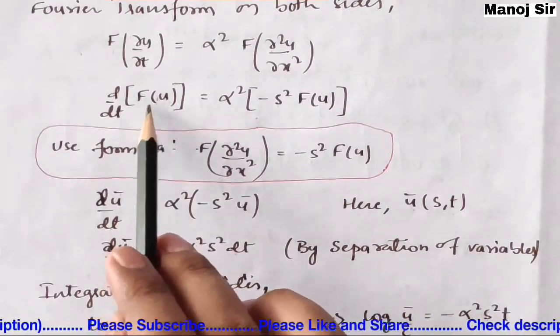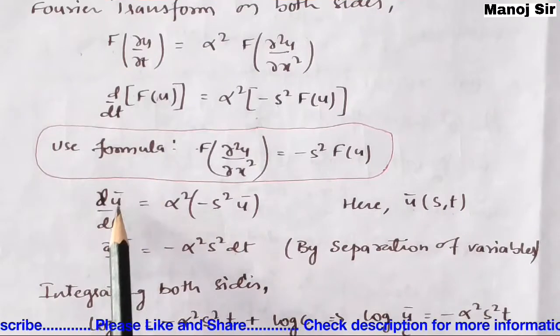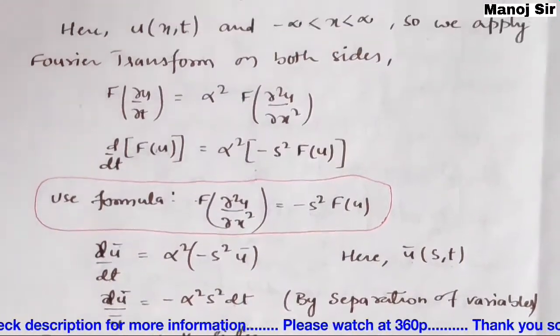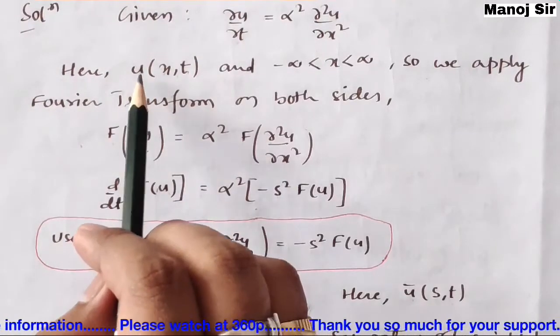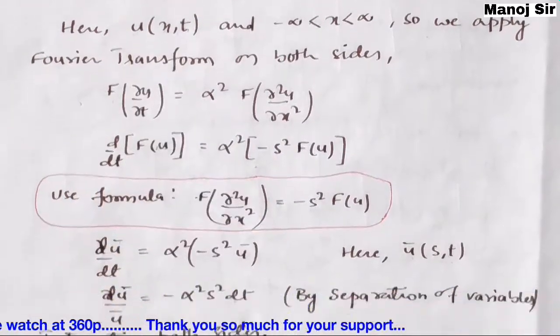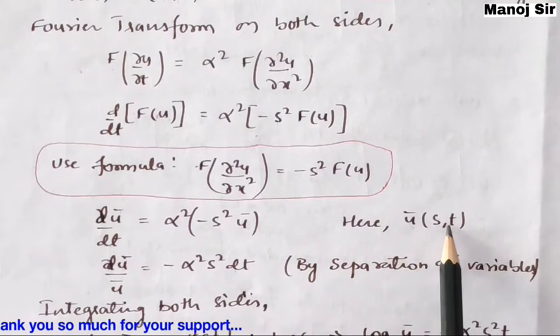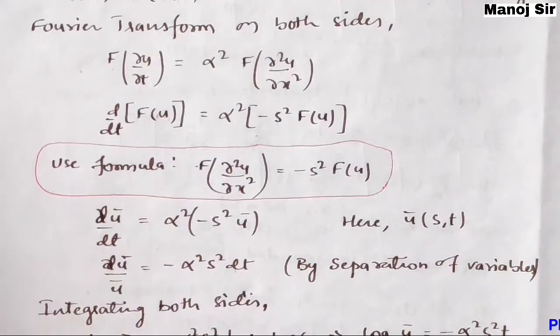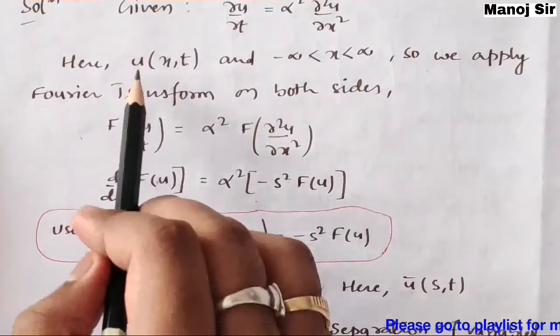Now this F of u can be written as u bar, and u bar is a function of s and t. Remember, u is a function of x and t, and u bar is a function of s and t. U bar is the Fourier transform of u.